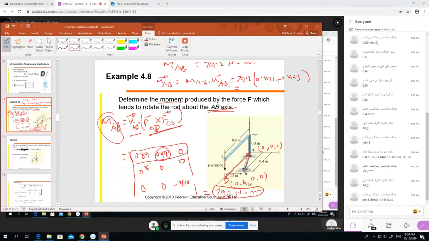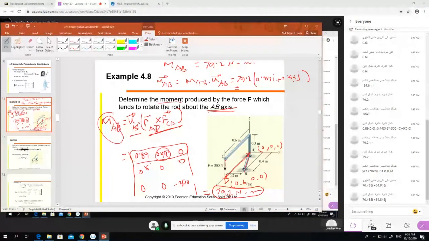So what is the unit vector? Please tell me. Write down. Do the calculation. Tell me, please. It's 74.88, 70.8.